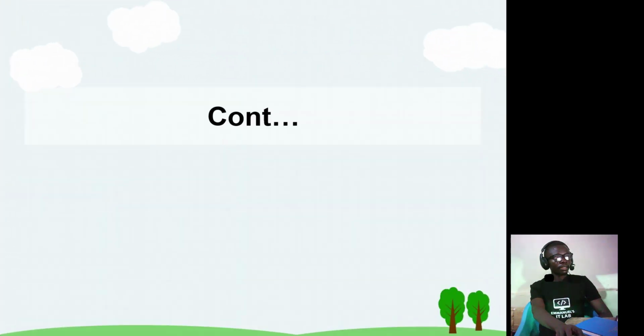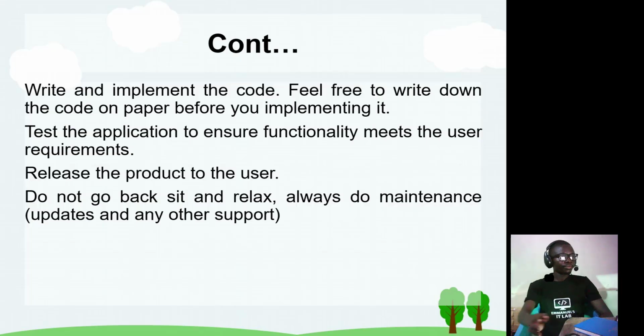So another key thing to look out for, write and implement the code finally. So here, before you write the code, feel free to write it down on paper, before you go on PC to write. Test the application to ensure functionality meets user requirements.